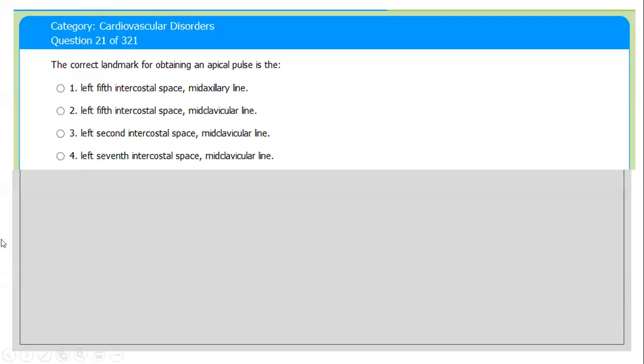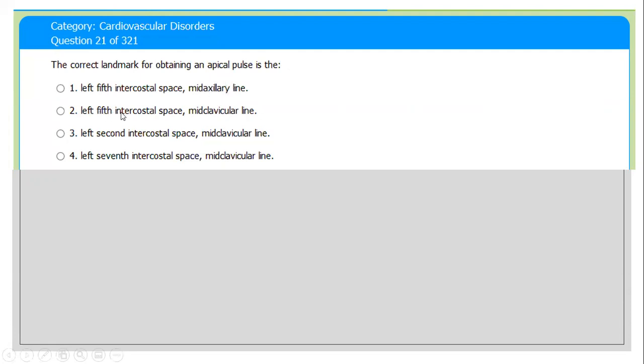Next question here: the correct landmark for obtaining the apical pulse is the, number one, left fifth intercostal space, mid-axillary line, right? Not the axillary line.